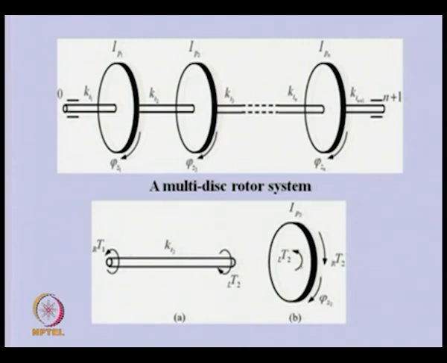Similarly, for the disc we will try to derive the field variable relations between the left side and the right side of the disc. Because of the inertia, we expect that the torque at the two ends of the disc from the shaft reactions will be different. So, we will have some change in the torque, and these relations which we will develop will help us in transferring the information from one end of the rotor system to the other end.